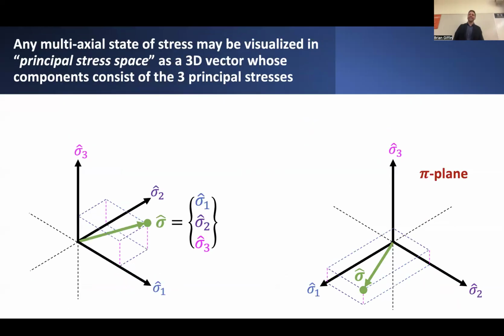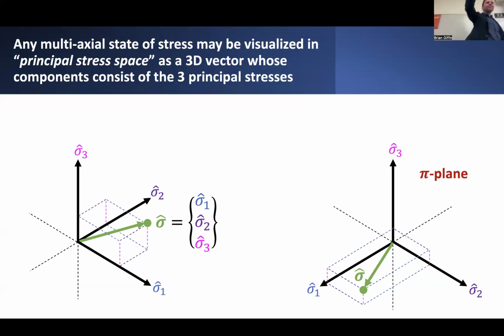So the idea is, if I can represent any state of stress not in terms of its 6 independent components of normal stresses and shear stresses, but if I can just boil it down into a representation in terms of the principal stresses alone, then I can represent that state of stress in terms of just 3 values.